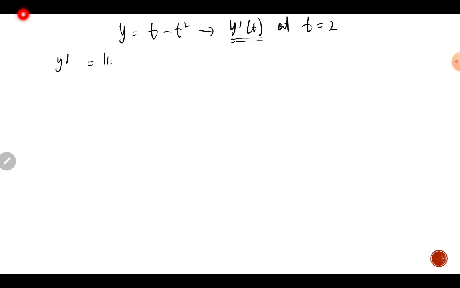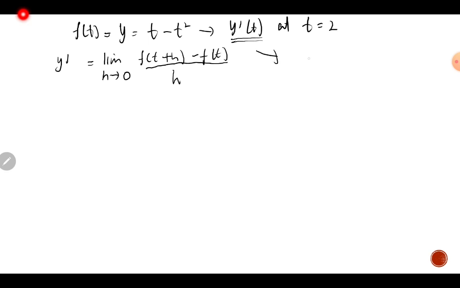So we have limit h approaching 0. Okay, h approaching 0. So you nak guna y ke nak guna f ke tak kisah sebenarnya. So sekarang ni tak nak you confuse, kita katakanlah ni f(t) lah. Okay, f(t). So we have here f(t plus h) minus f(t) over h.